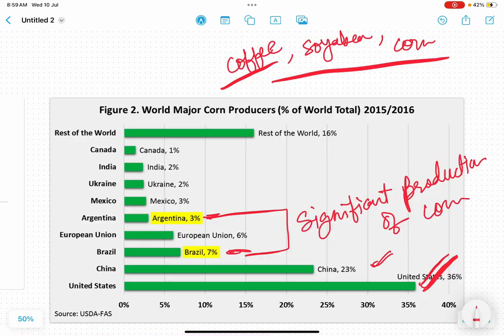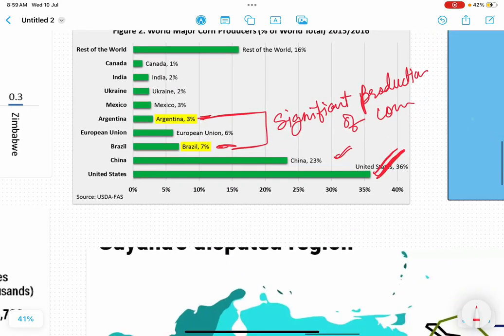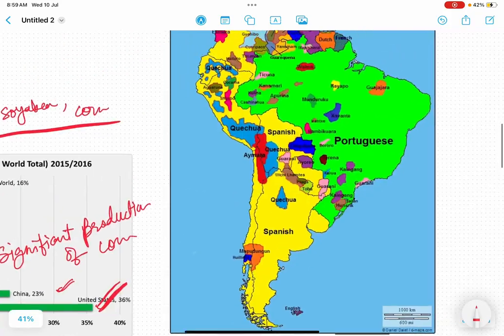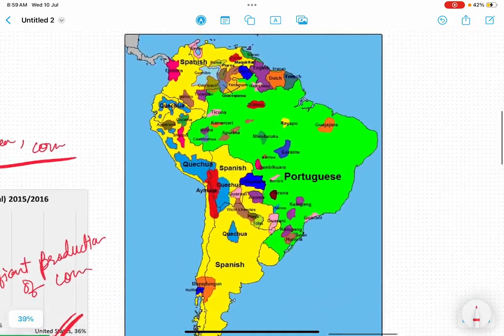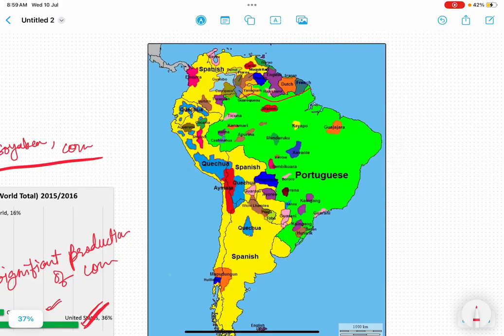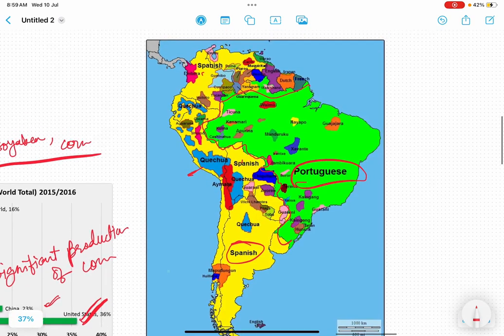So let's move to the next map. The next map is of the languages of South America. So you can see that most of the Brazilian region is Portuguese, of course. And then we have Spanish in this region. The yellow is Spanish. We have Quechua language right here. We have other languages as well.